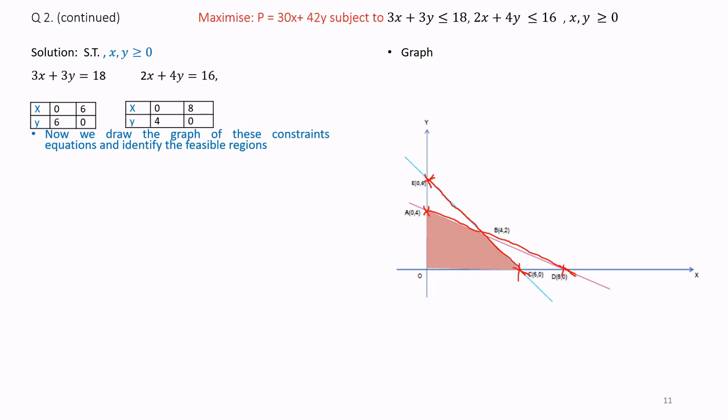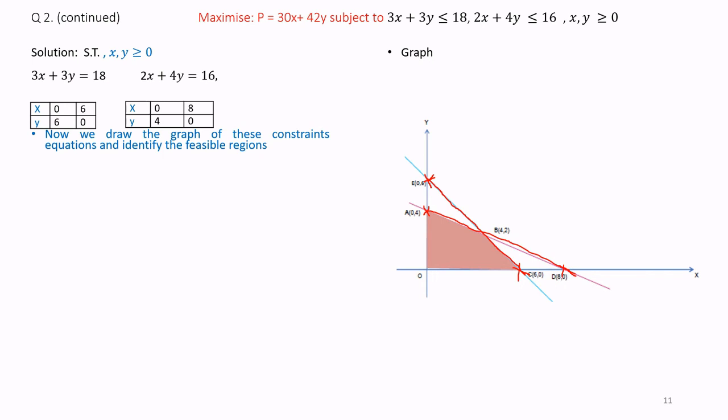And then 2x plus 4y is this line and it should be below this. So the adjoining line and cross section is marked here. This is the corresponding region which we are required to find. So now note down the region: the feasible region is O, A, B, C, O. This is the feasible region. In this range we can operate.